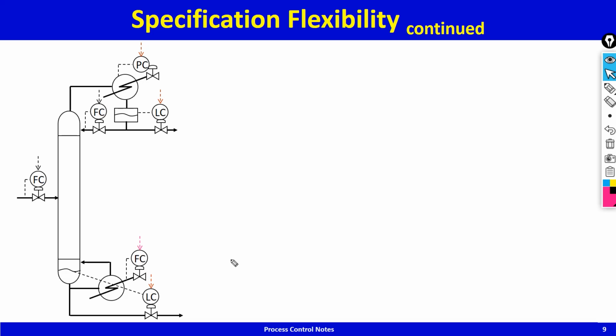So what we are saying is, Q set point is fixed. Reboiler duty is fixed. In other words, because reboiler duty is setting production, now the reboiler duty cannot be used for tray temperature control.